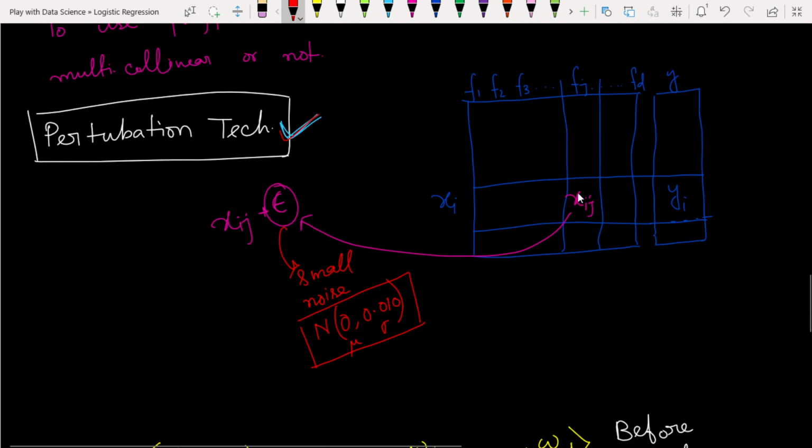First we pick our data points and add small noise, meaning small values. We choose those values using a normal distribution with mean 0 and a small standard deviation, and add this noise to our data sets.